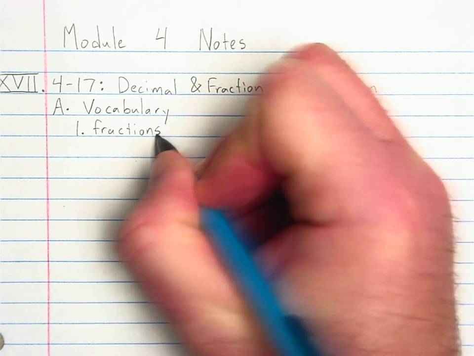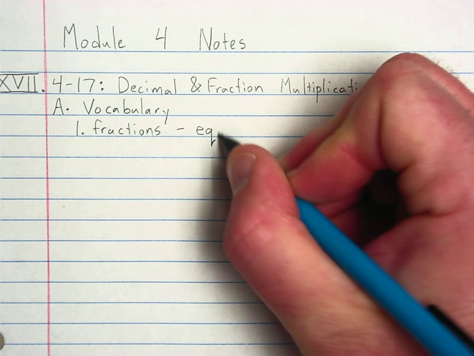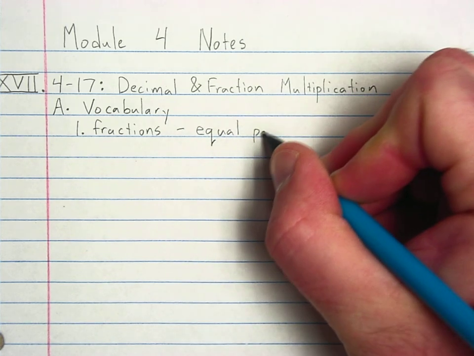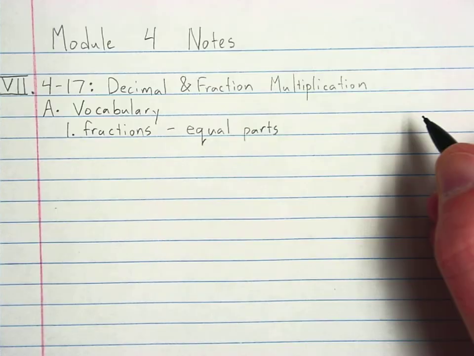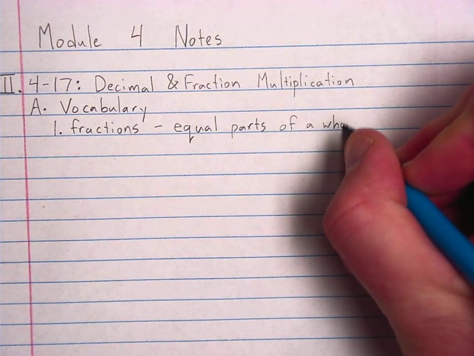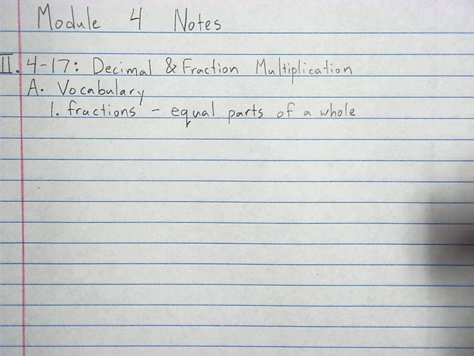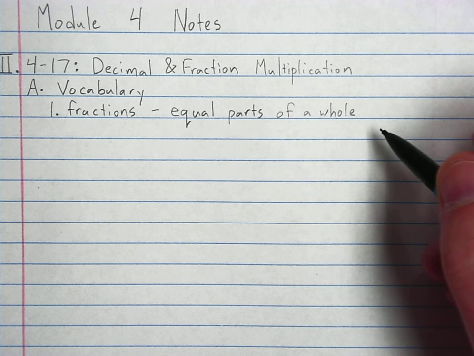Now, we already have defined fractions. We defined them as equal parts of a whole. And since then we've talked about arrays, sets and regions, all different ways to show them. Equal parts of a whole.